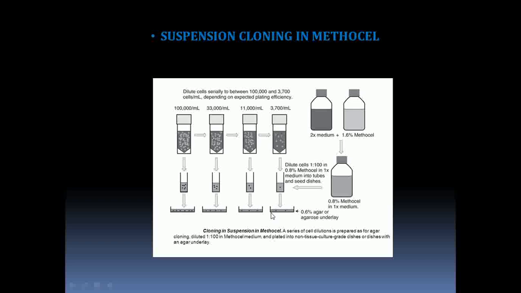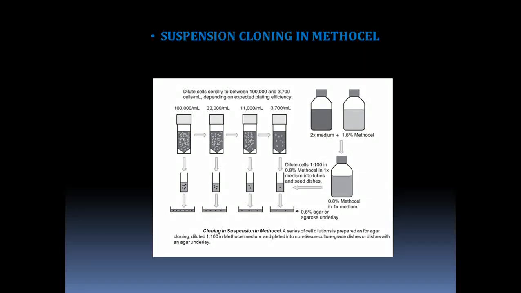Here again you can see the underlay, an agarose underlay. In place of agar, I'll be using agarose. Agarose is different from agar. Agar is more solidified at lower temperature, but agarose is considered to be less solidified at low temperature.